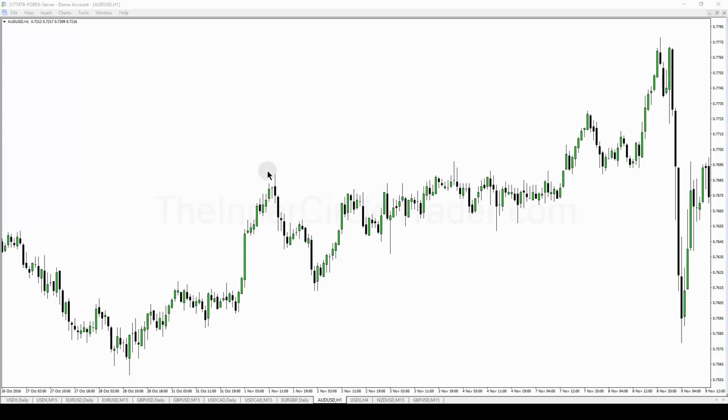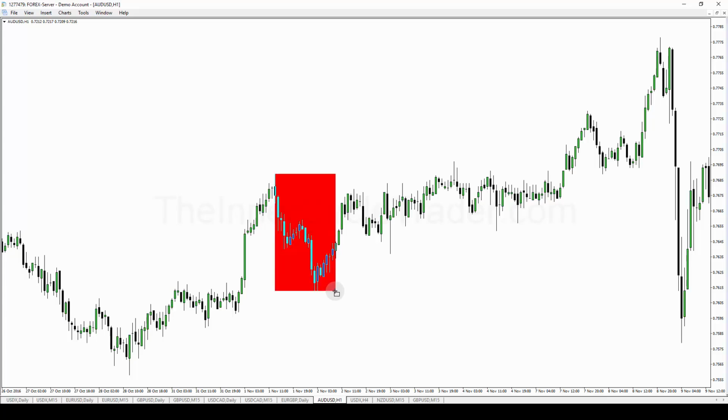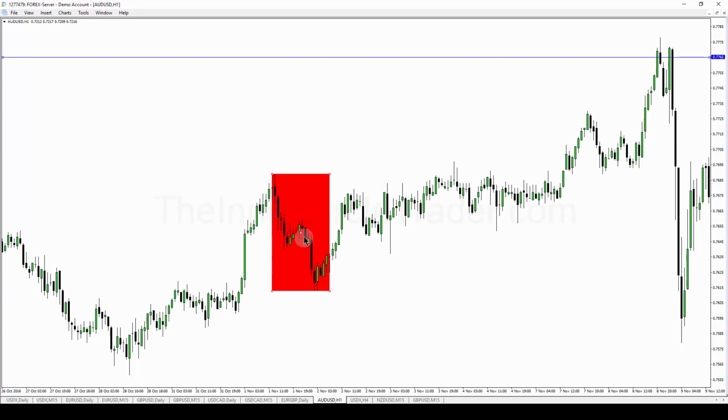Now, if you look at this price action in here, we have a drop down in price with relatively equal highs in here. In the marketplace, there is a pretty reoccurring phenomenon that takes place about measured moves.